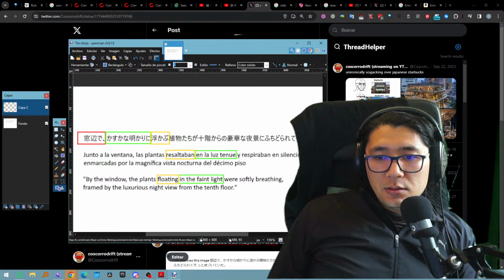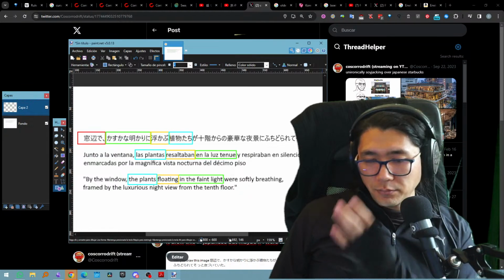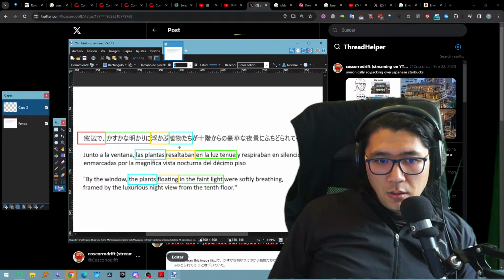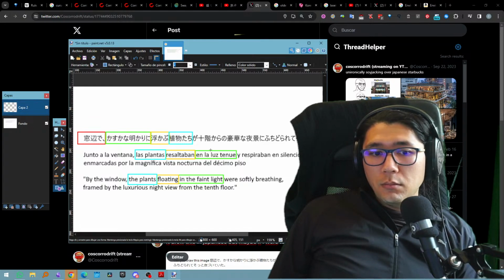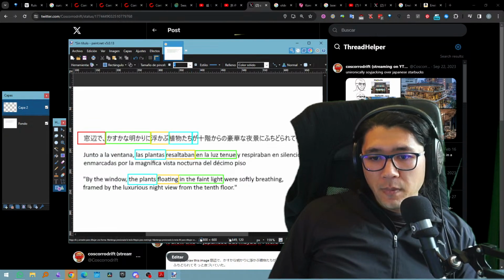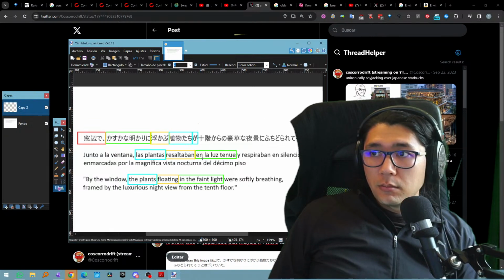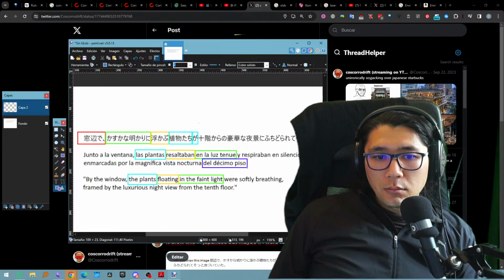Then the plants. Let's say this one. Then from the 10th floor.